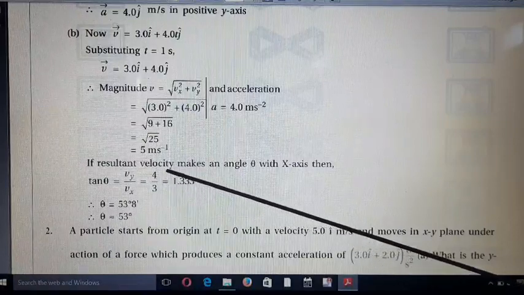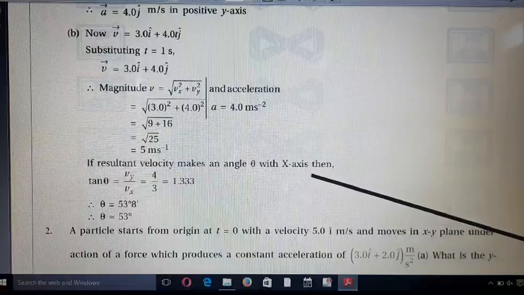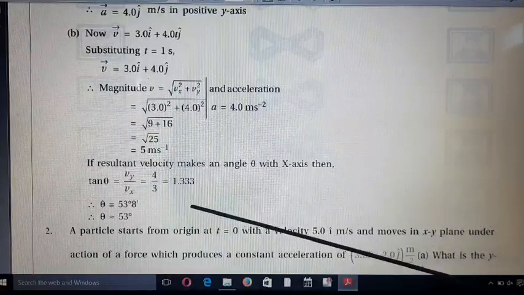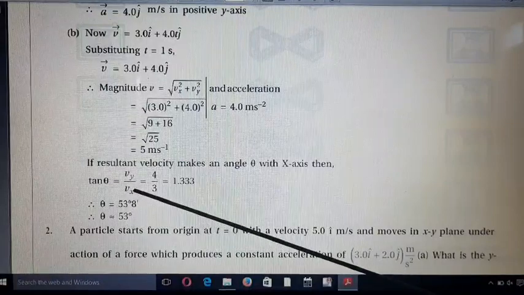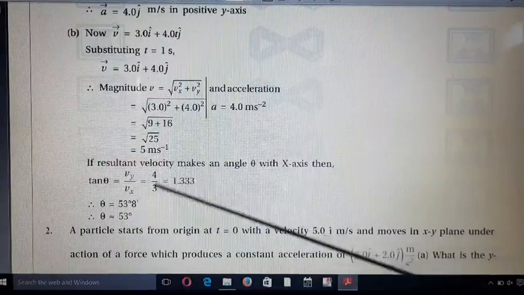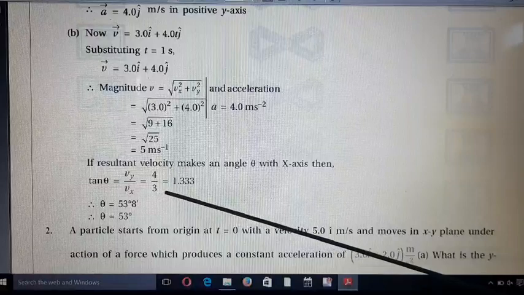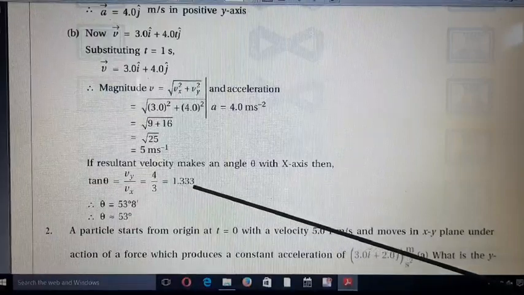If the resultant velocity makes an angle with the x-axis, then tan θ = vy/vx. So vy is 4 and vx is 3, and we get 1.333.